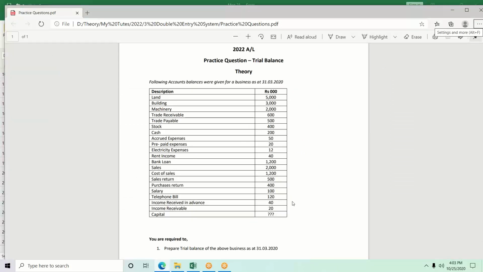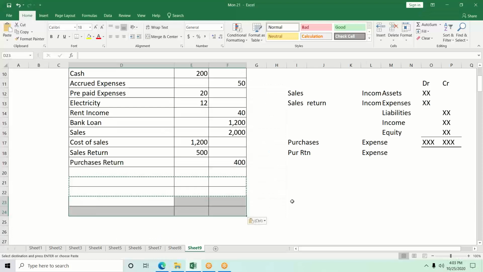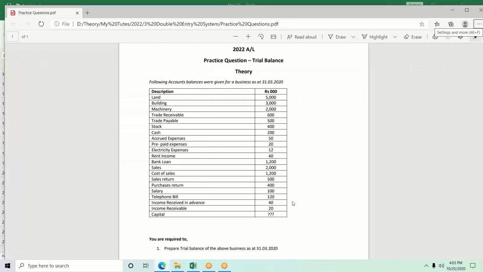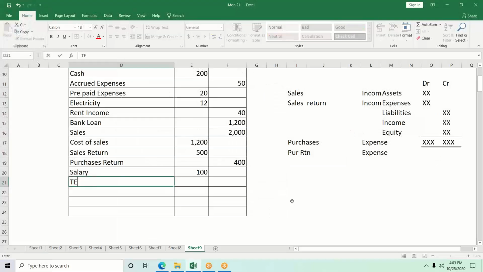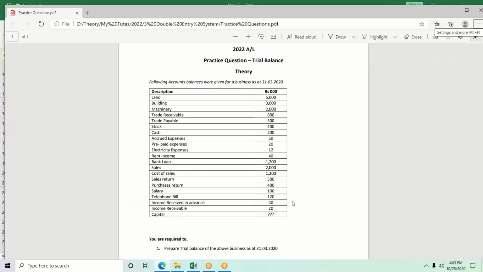Salary, rupees 100,000. What next? Salary is an expense. It has a debit balance. Put a telephone bill also on the debit side, rupees 120. Telephone bill is also an expense.